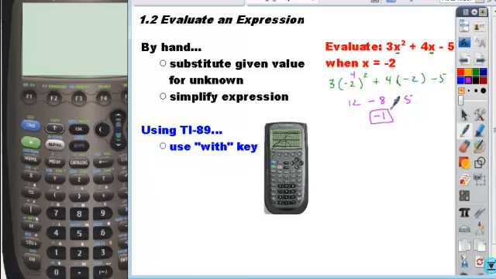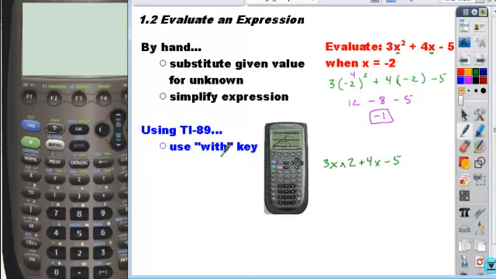simplifying. And now, if you're going to use the TI-89, there's something that's called a with key that you can use. Okay? On a TI-89, if you type in the expression exactly as it appears, so if we were to type in this expression as 3x to the power of 2 plus 4x minus 5, you could use the with key.